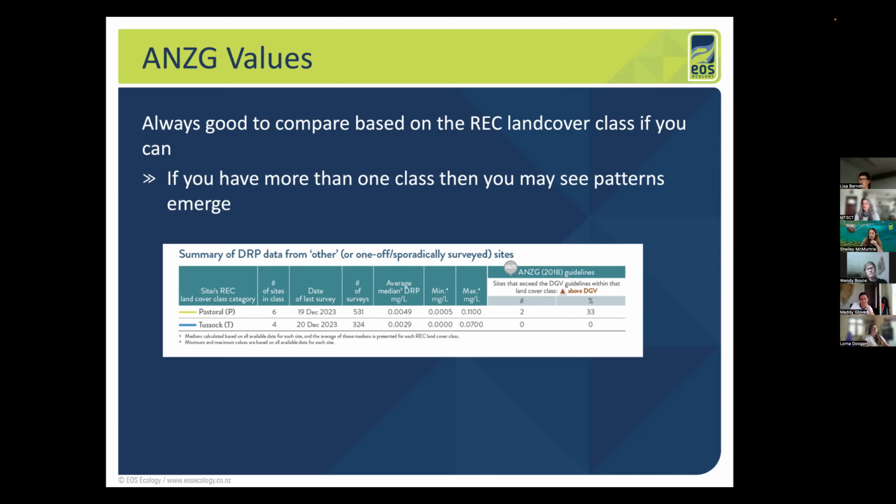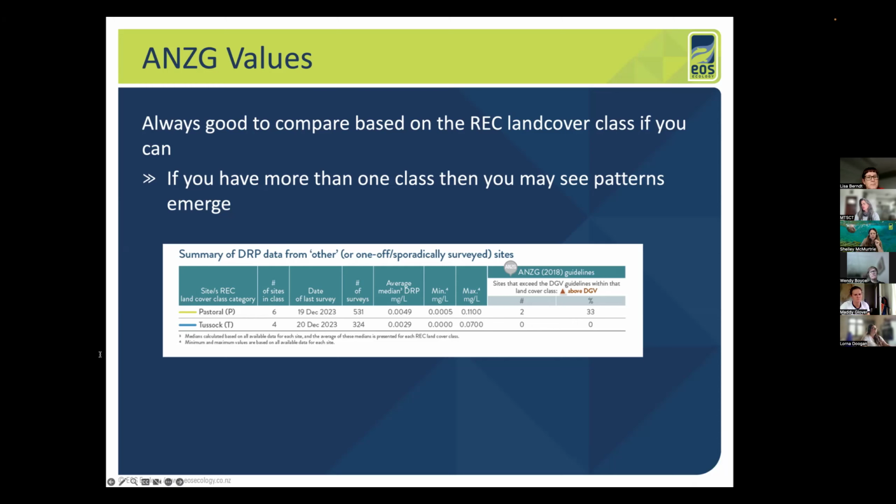And because the REC classification of those is based off looking at a point within a lineal length of a stream network, and looking from that point upstream and determining what's the dominant land use that sits above that area, you may have a myriad of different land uses within that, but it's going to pick the one that's most dominant.